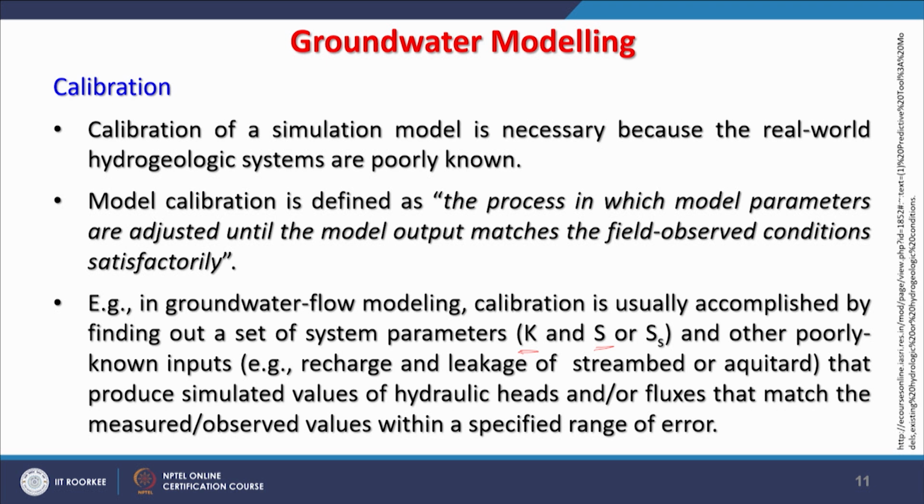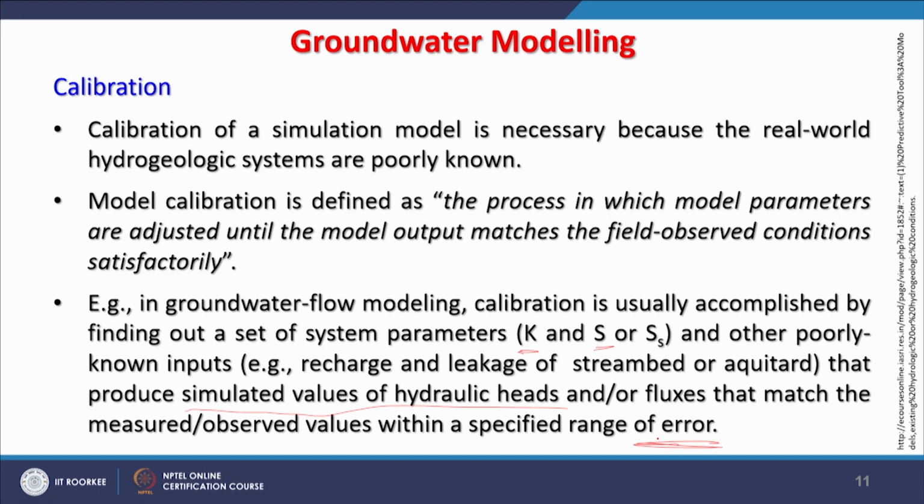These will produce simulated values of hydraulic heads and/or flux that will match the measured and observed values within a specified range of error. Now, when error comes, that is another issue which we will be discussing next. So, what is being done in calibration ultimately is that we are comparing our outputs from a model with the real observations which have been made in the field.